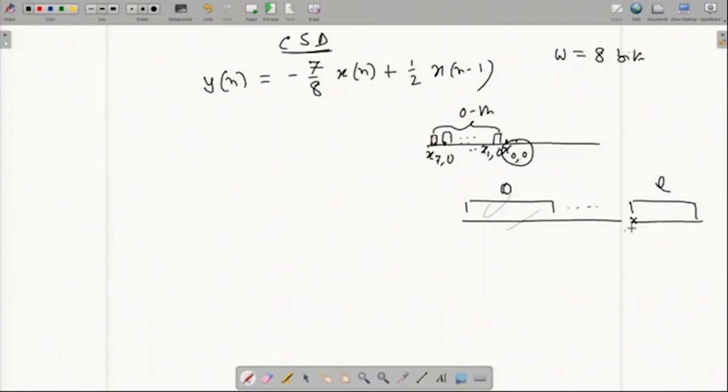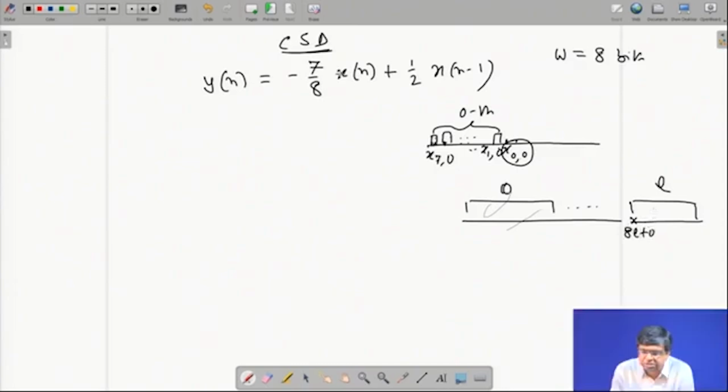In the 11th word, the first guy that comes at this location, 8L plus 0, is the LSB of xn. Then at 8L plus 1, the next bit after the LSB of xn comes, dot dot dot, up to 8L plus 7.